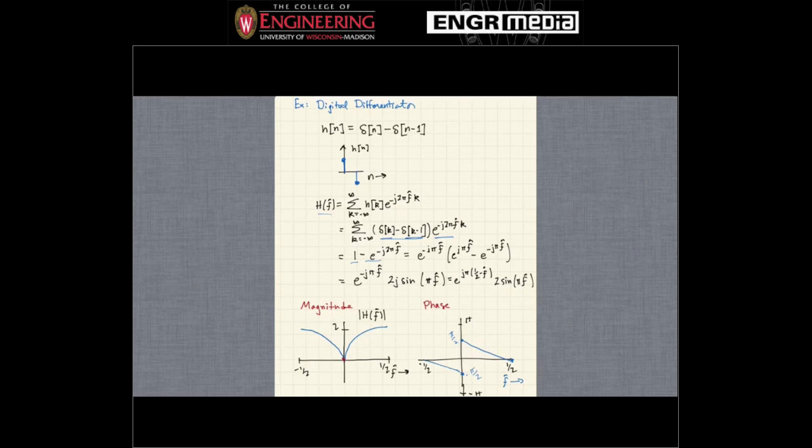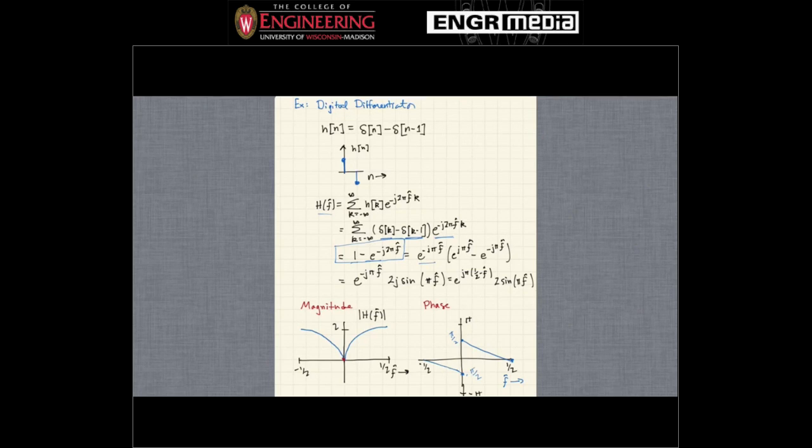And we're going to play the exact same trick that we did before. Okay, and what's that? Let me put a box around this. This is a totally valid expression for the frequency response of this filter. But in order to see the magnitude and the phase, we're going to play the same game that we did before. First I'll factor out an e to the minus j pi f hat, right?